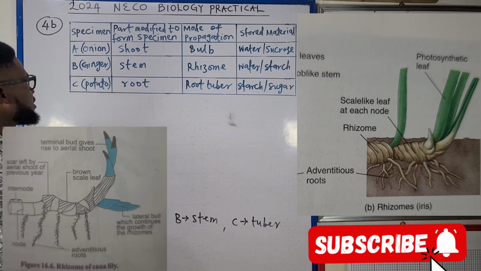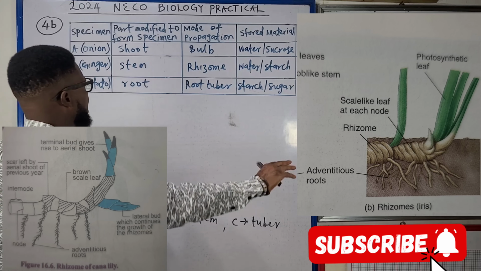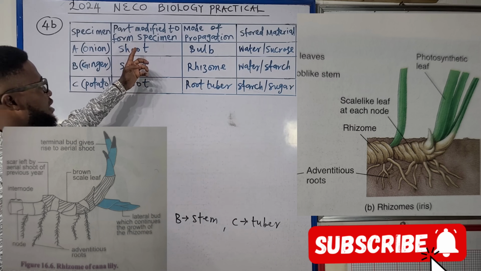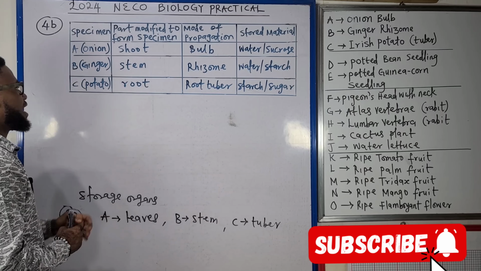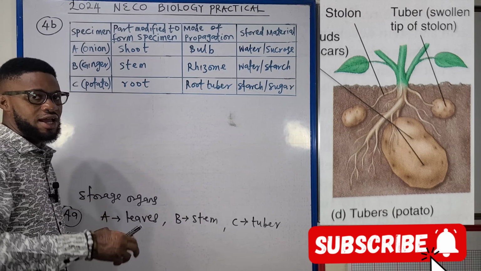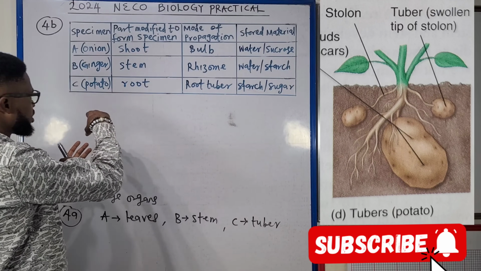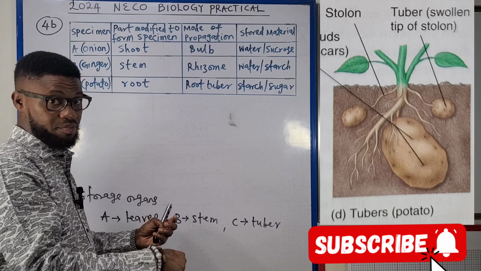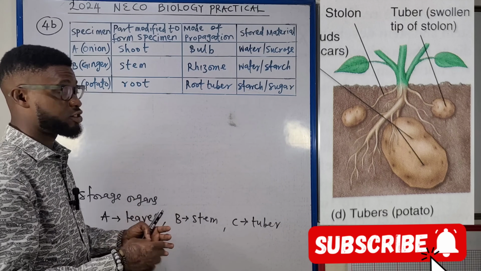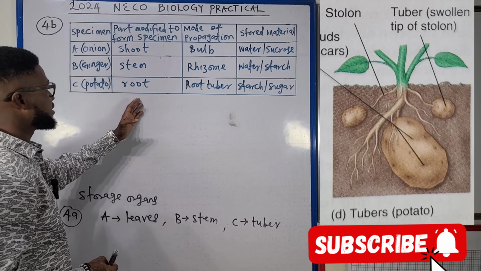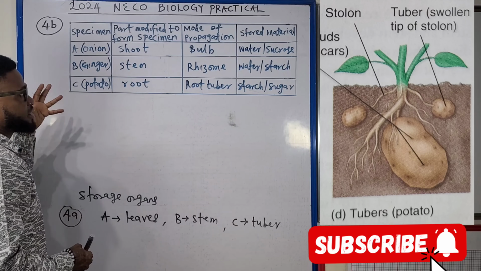In the case of a ginger, the stem runs horizontally, so it is the stem that is being modified to form ginger. In the case of a potato, that's Irish potato, the potato itself is now going to be the root buried beneath the soil. So what is modified here is the root to be able to form specimen C.